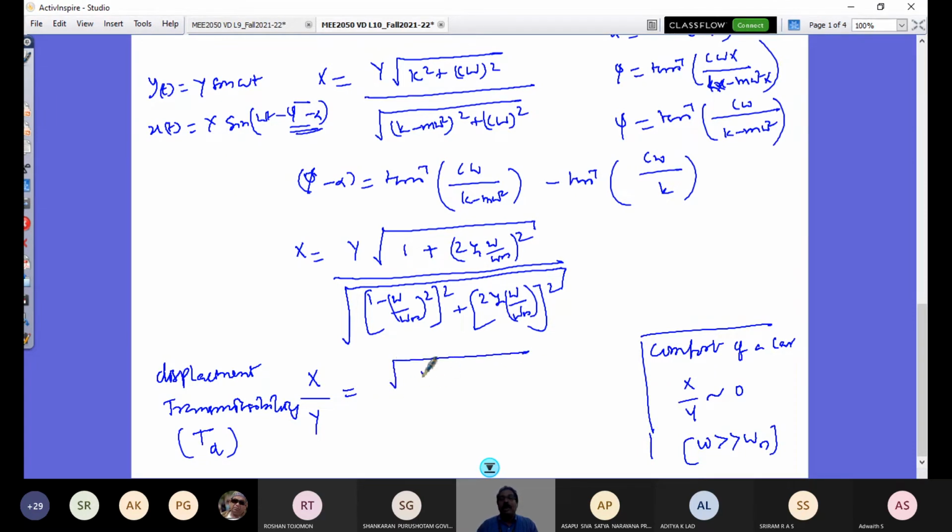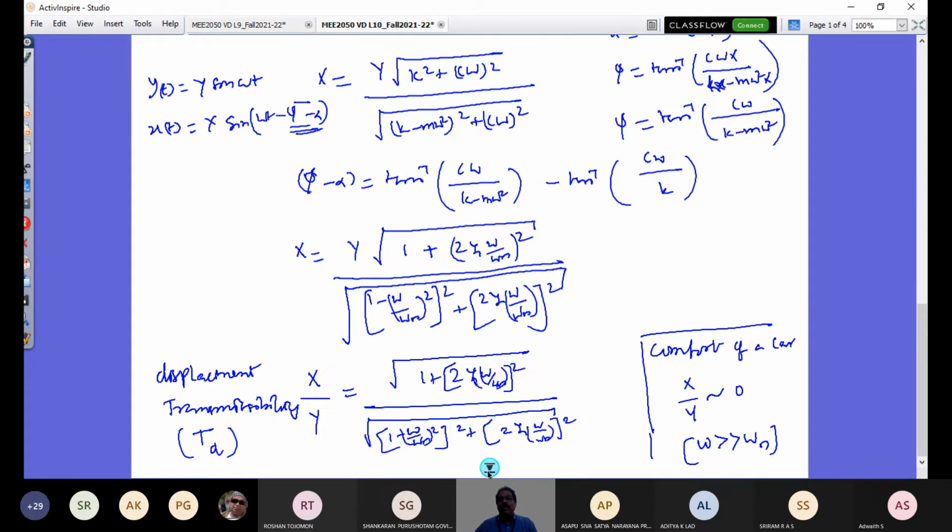This ratio is going to be the square root of [1 plus (2 zeta omega by omega n) whole square] divided by [(1 minus (omega by omega n) whole square) whole square plus (2 zeta omega by omega n) whole square].